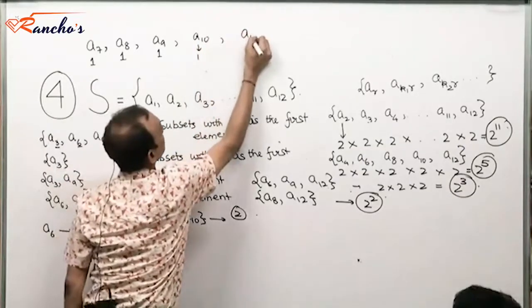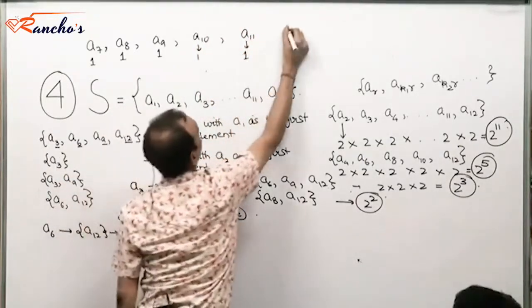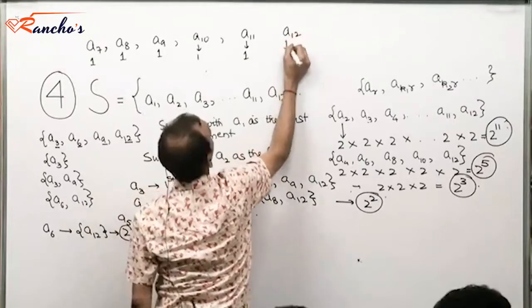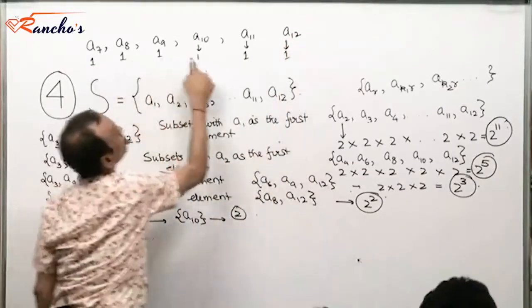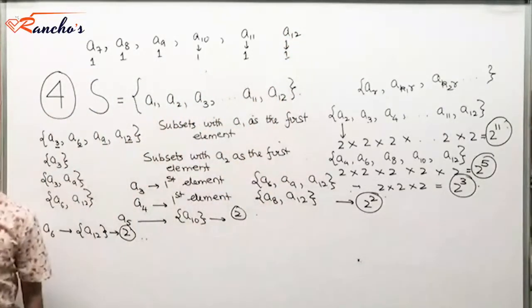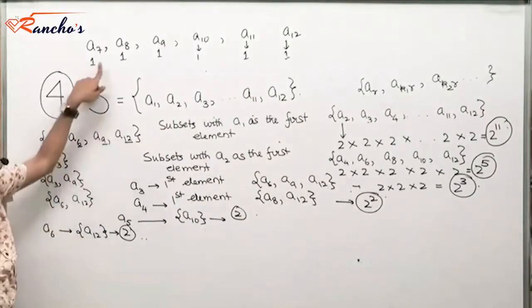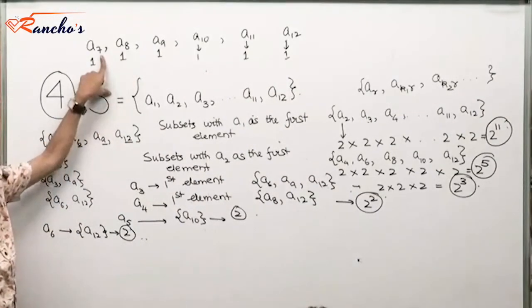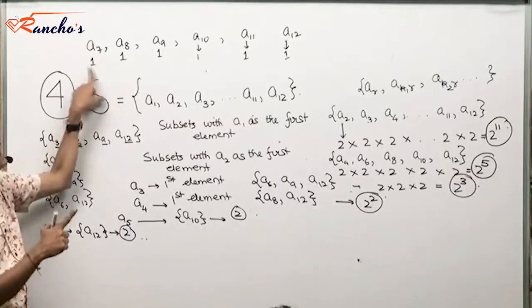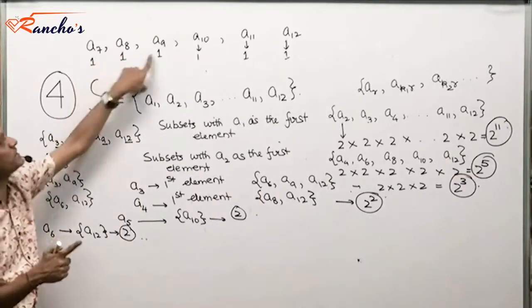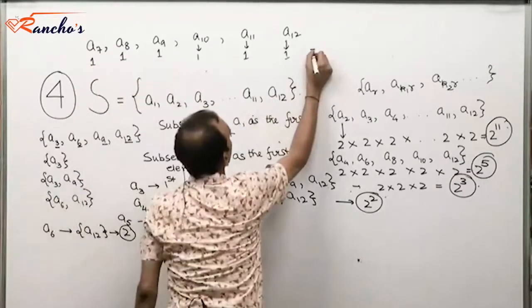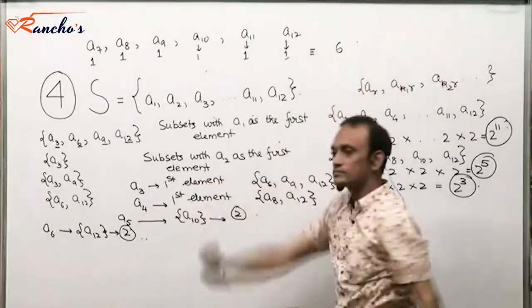If A11, 1. And A12, 1. So that makes it 1, 2, 3, 4, 5, 6. 6 more subsets with just one element, right? Starting with A7, there will only be one subset. Starting with A8, there will be only one subset, A9, etc. So this count adds up to 6.